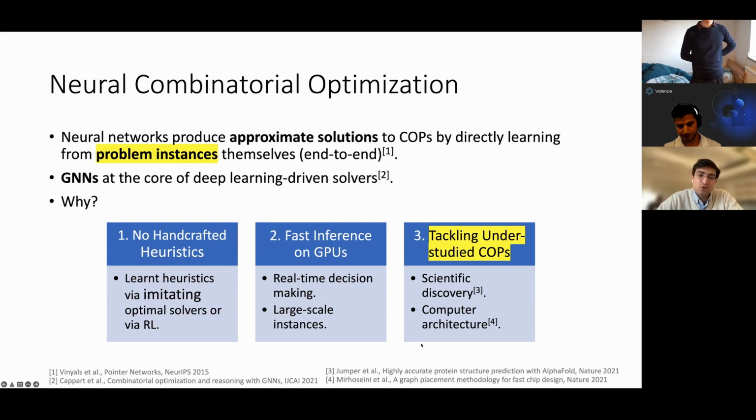For example, Google is designing the next TPU pod based on a neural network. So a neural network is designing the chips that will be used to train neural networks at Google. And I think those are two really cool applications of deep learning for these NP-hard problems.